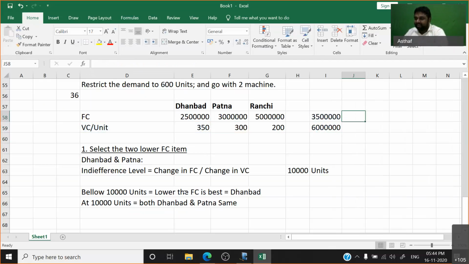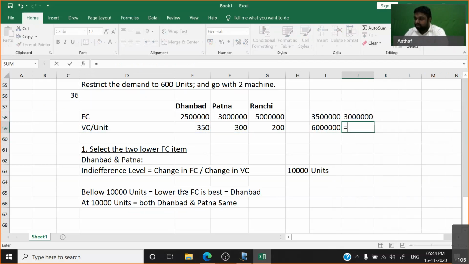Now look here, you have 300 into 10,000, plus the fixed cost. Both are the same. We can prove this, but we don't want to go into it. This is a rapid revision class. We go to the point.